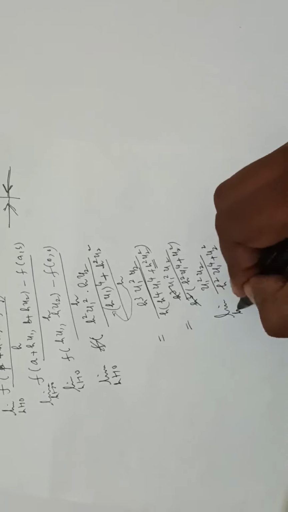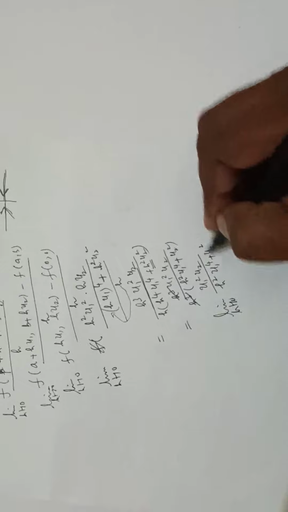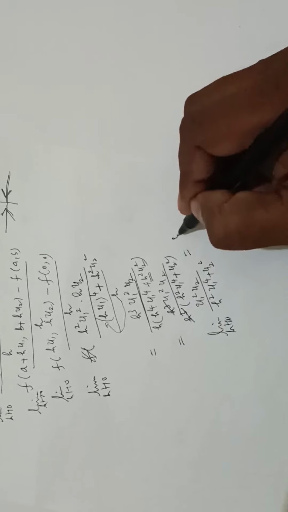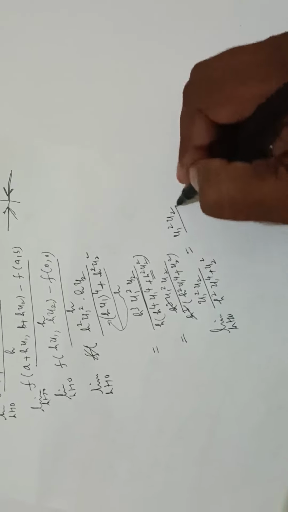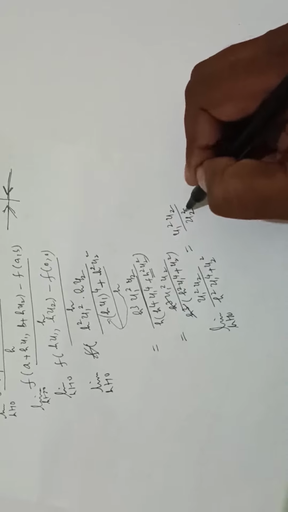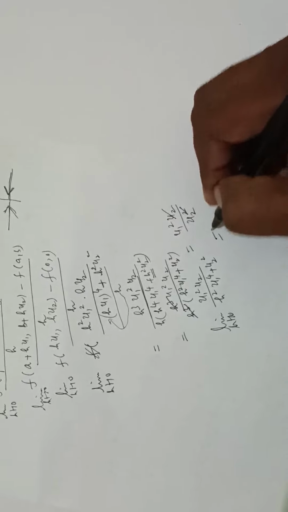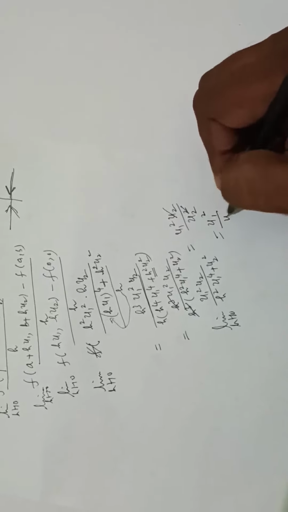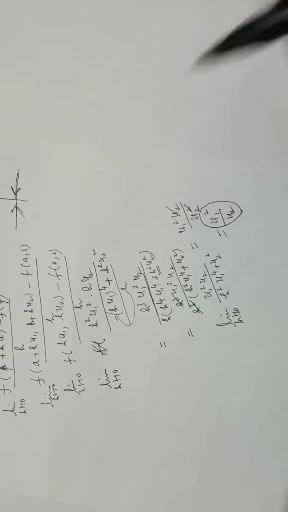The limit as h tending to 0 is u1 square u2 by u2 square. So this is u1 square by u2.